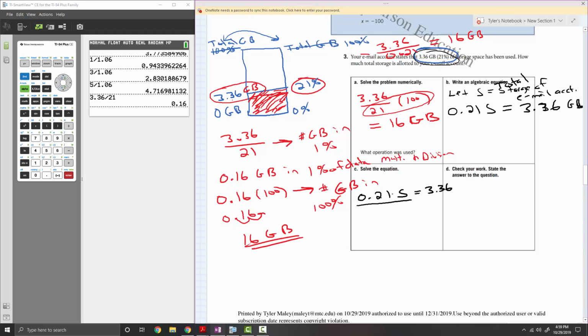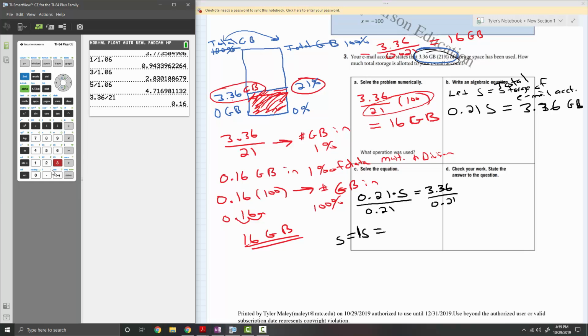So if we divide, because what's going on in between 0.21 and S is times, if I divide both sides by 0.21, then I'll get S by itself. So 0.21 divided by 0.21 is just 1S, so I can just write that as S. 1 times S is just S. So then if I take 3.36 divided by 0.21, whoops, I did 0.22, sorry.